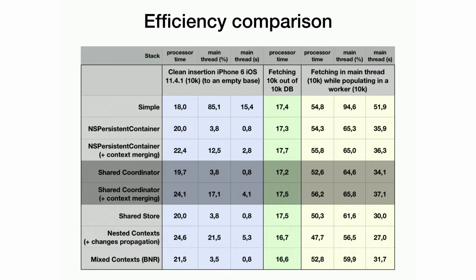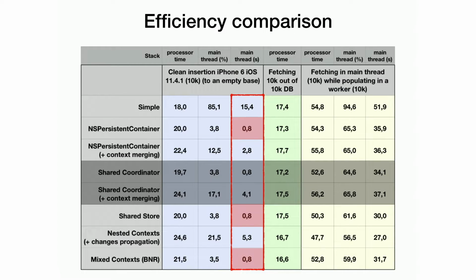The first experiment was inserting data from the background thread. And here the results are quite predictable. The best models are shared store or shared coordinator / NSPersistentContainer, because they have the most independent context.